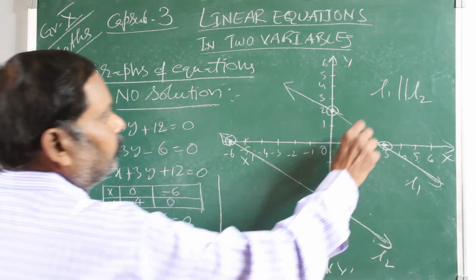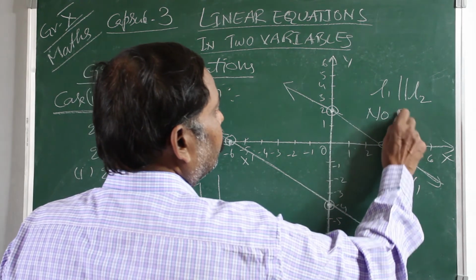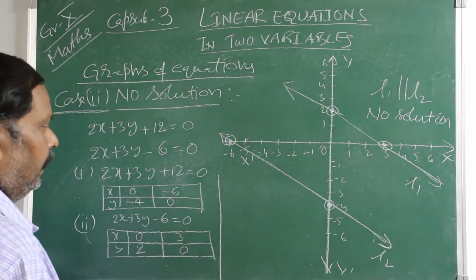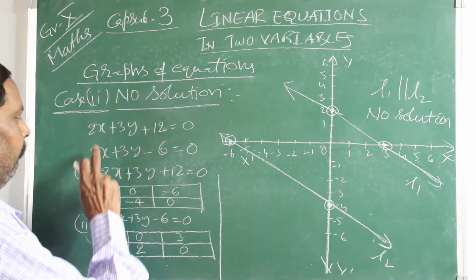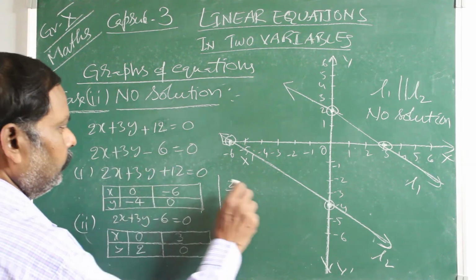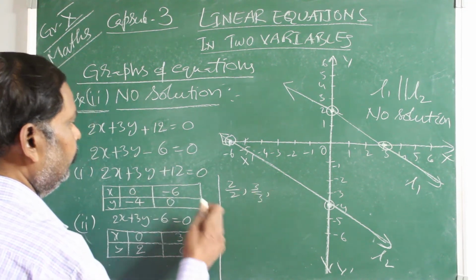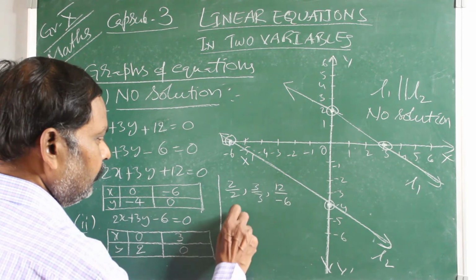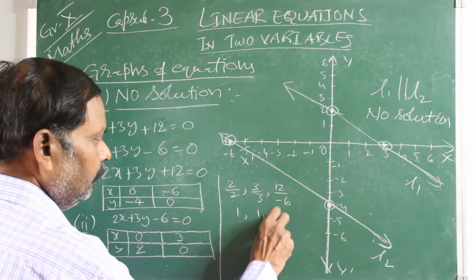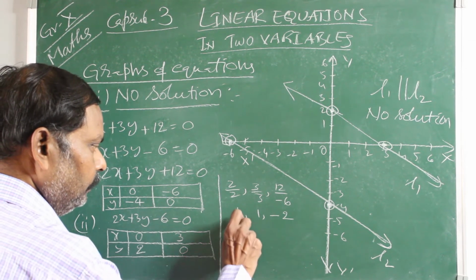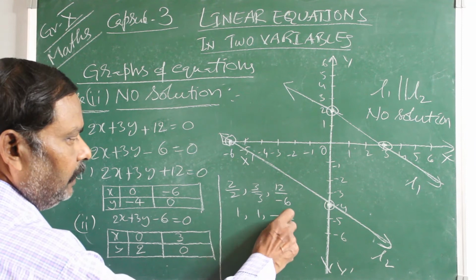So, this is no solution. And let us see the condition. A1 by A2, 2 by 2, B1 by B2, 3 by 3, 12 by minus 6. So 1, 1 and minus 2. So these 2 are equal, and which is not equal to the last one.